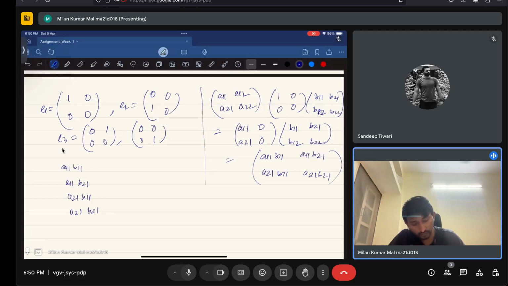Now if you change the one to here, because this is the standard basis I am taking, this row will multiply and this will change only. This will be A11, this will be A12, next one is 0, A21, A22, 0. So this will be A12, this will be A22.